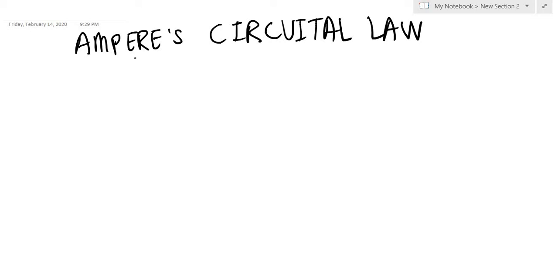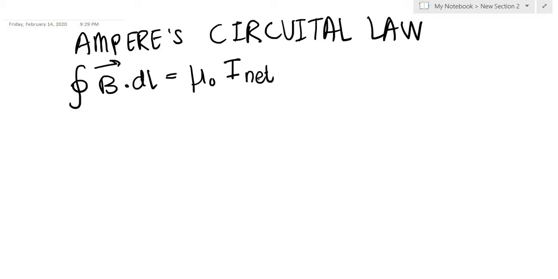I hope you do. Both these chapters, magnetism and electrostatics, are analogous to each other. So anyways, what this says is that the line integral of the magnetic field over a closed loop is mu naught times the net current threading through the loop.